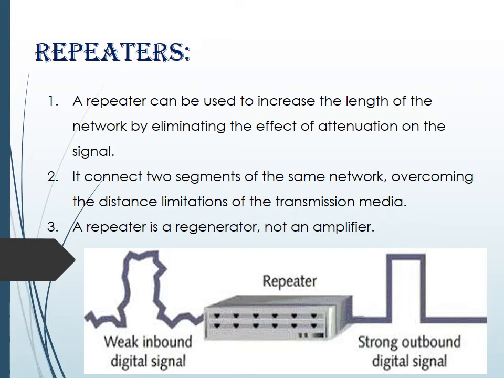These repeaters basically regenerate the signals. They amplify the signal and pass it in the appropriate direction. So a repeater reshapes and amplifies the signal from one network to another.